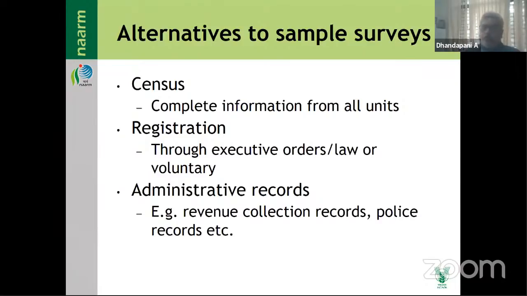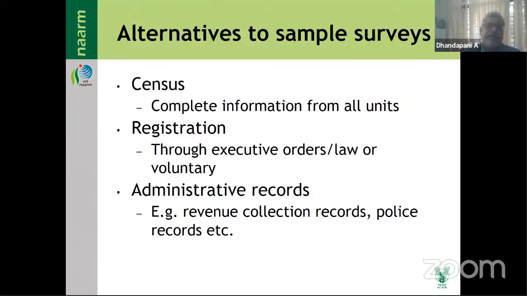The third one is through administrative records, because when government does business, a lot of data is collected. For example, you pay tax, or you pay, say, GST or whatever it is, as revenue.